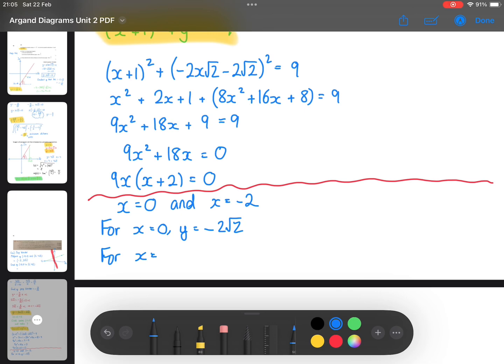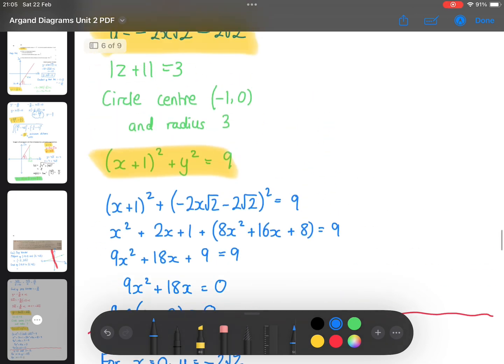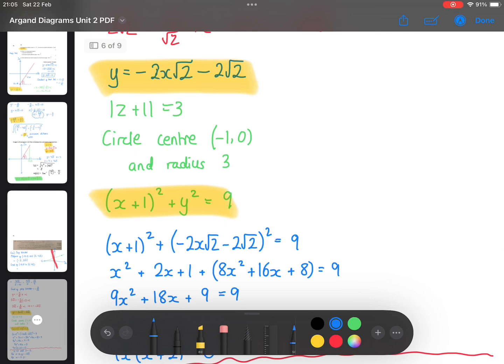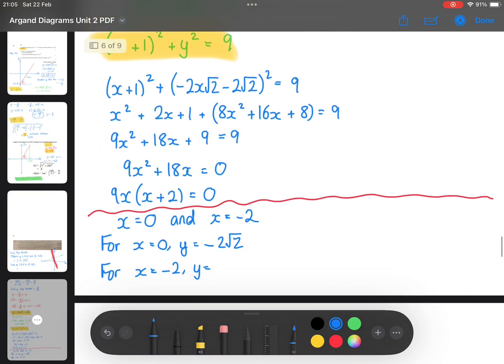And for x equals minus 2, y equals, and then substituting in, we have 4 root 2 minus 2 root 2, which is just going to be 2 root 2.